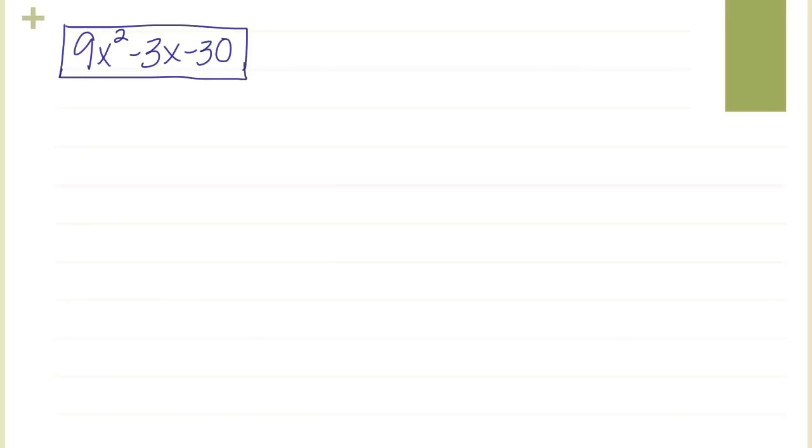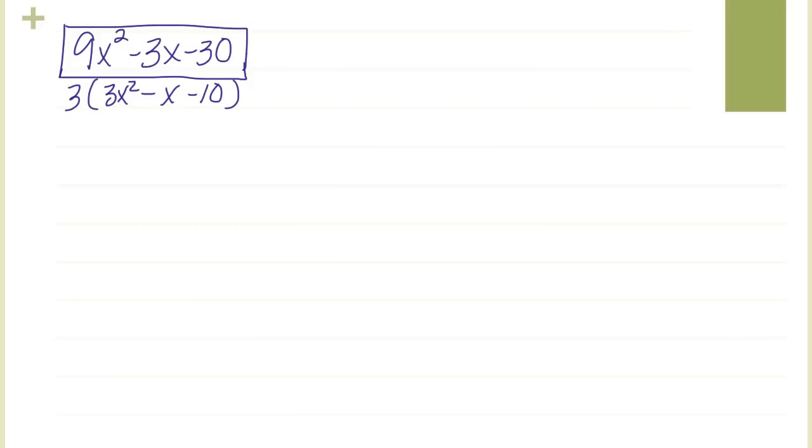Before I start trying to pull out an A and a B and a C, I'm going to say, hey, I really don't want to have to try multiplying negative 30 and 9 and ending up with 270. I notice that 3 goes into all those things, so I'm going to factor out a 3. And that 3, we don't use it until the very, very, very final answer.